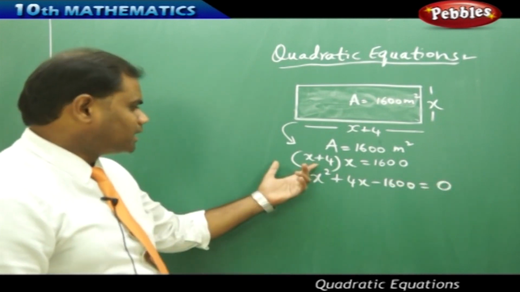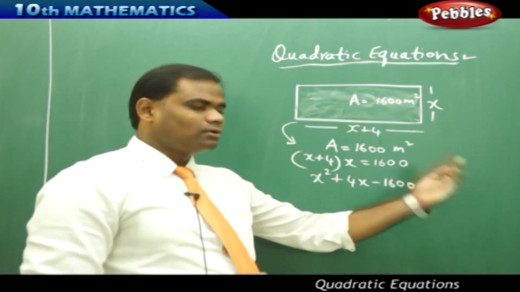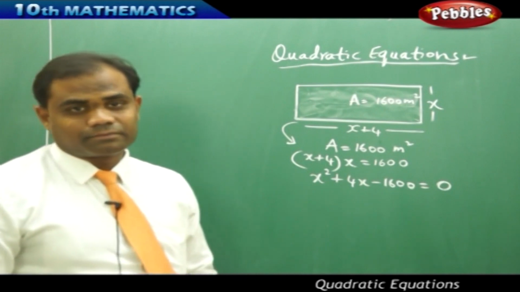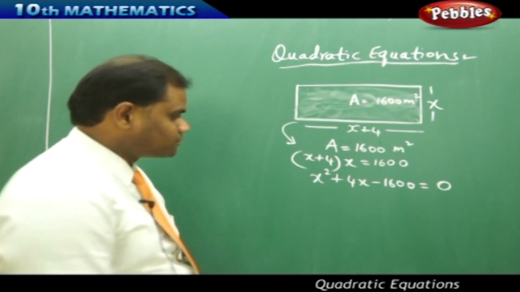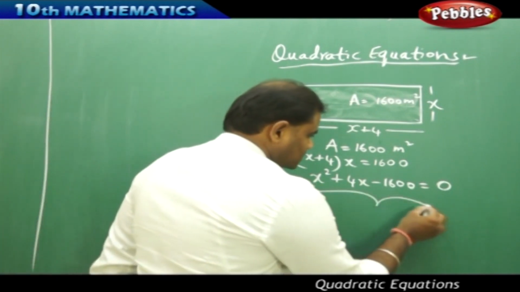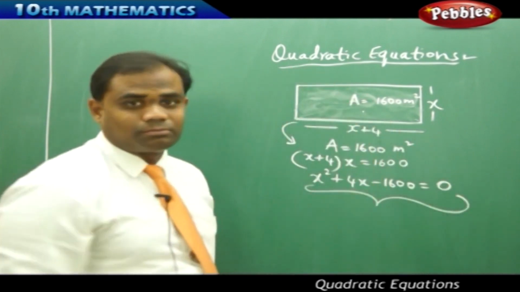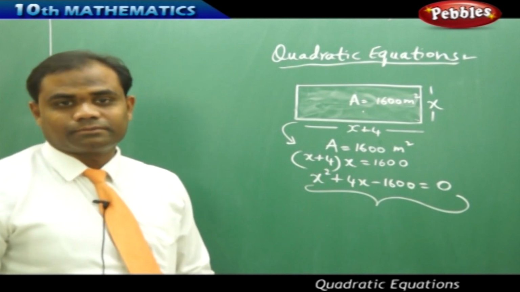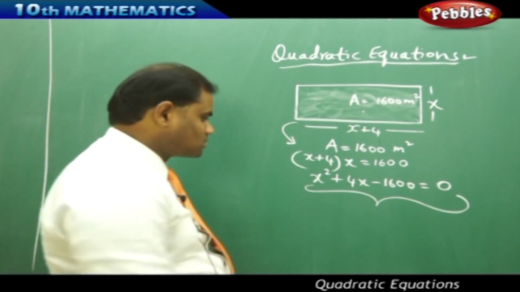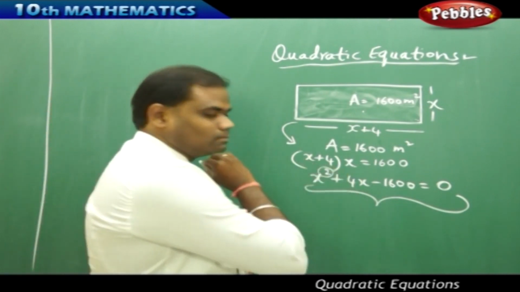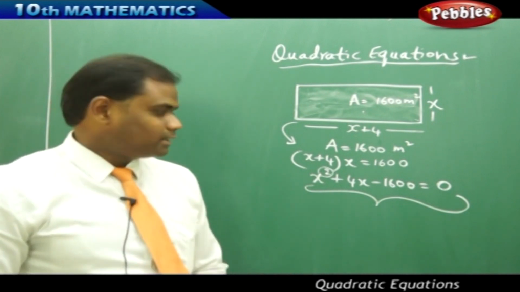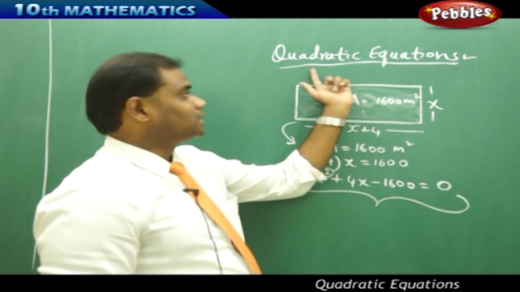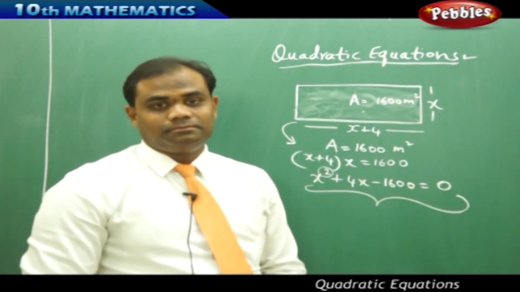This is how I get it when I take all the variables and constants to the left, keeping only 0 on the right hand side. Such an equation, obtained for the situational problem of a rectangular plot, is called a quadratic equation, quadratic because the highest degree is 2. So a quadratic polynomial, when I equate it to 0, is called a quadratic equation.